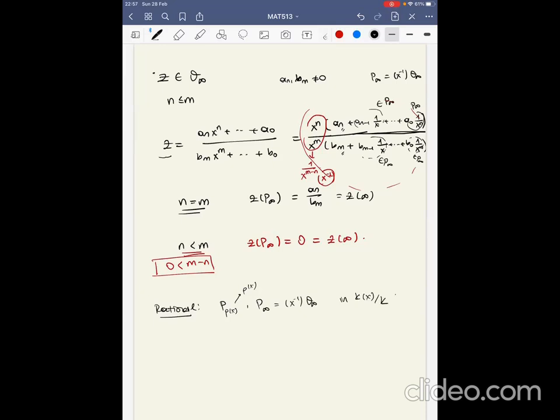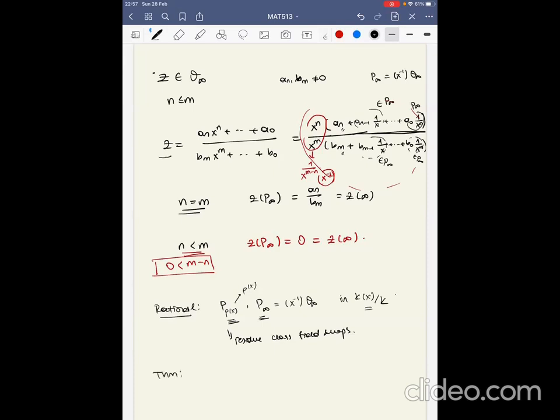Now our next question is: do we have any other places which are different than these two in a rational function field?